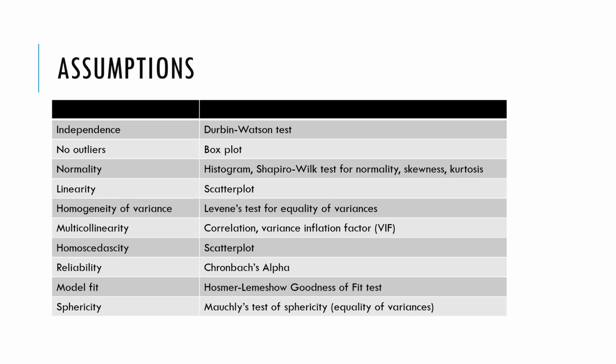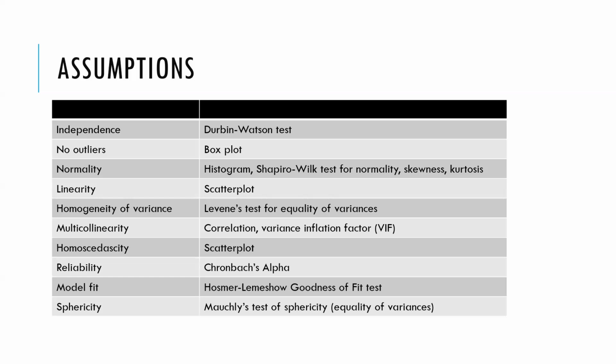A box plot is actually a very nice way to look for outliers. If you're looking at normality or a normal distribution, you can do a histogram. There's a test called the Shapiro-Wilk test. You can also look at the skewness and kurtosis of your histogram. A scatter plot is a nice way to look at linearity.